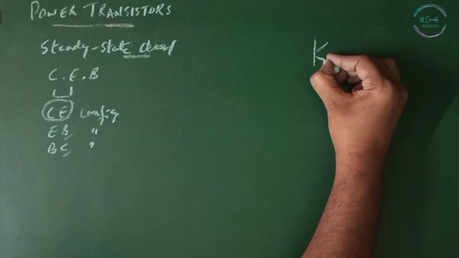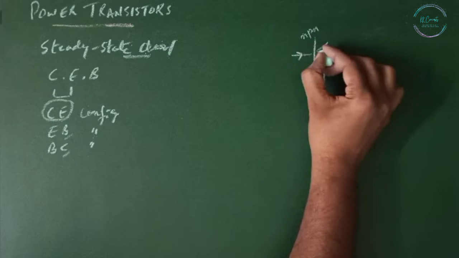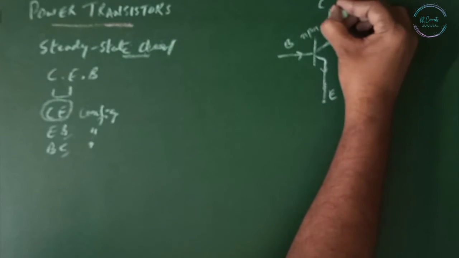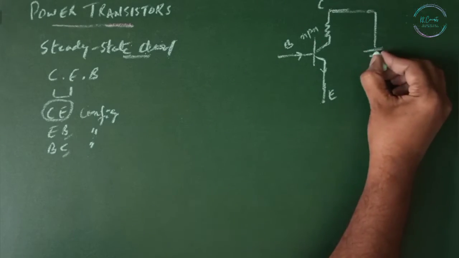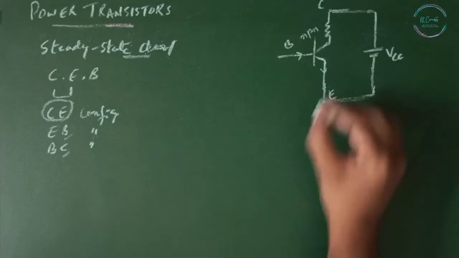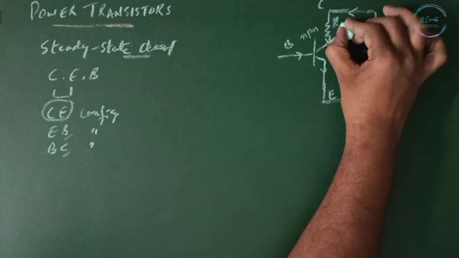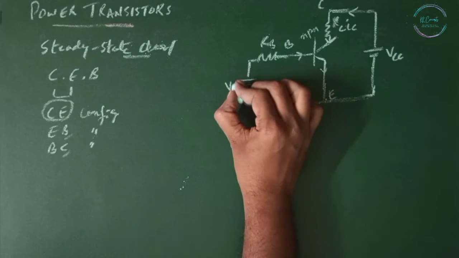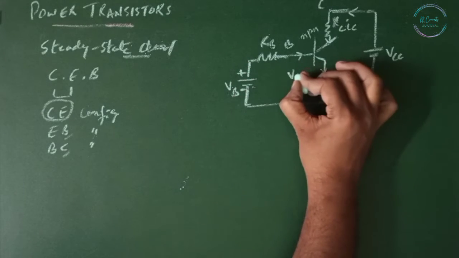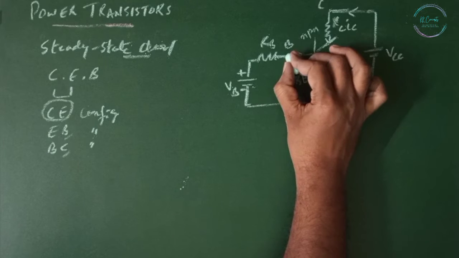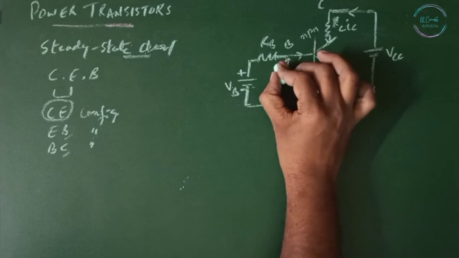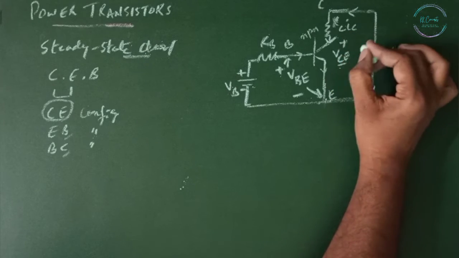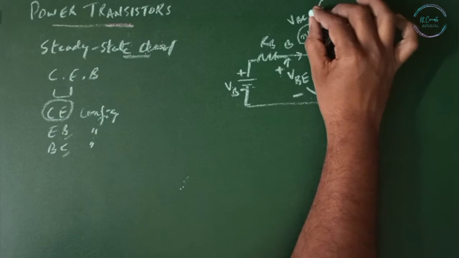Consider an NPN type transistor with VCC, IC, RC, RB, and VBB. Between base and emitter there is VBE, and between collector and emitter there is VCE.